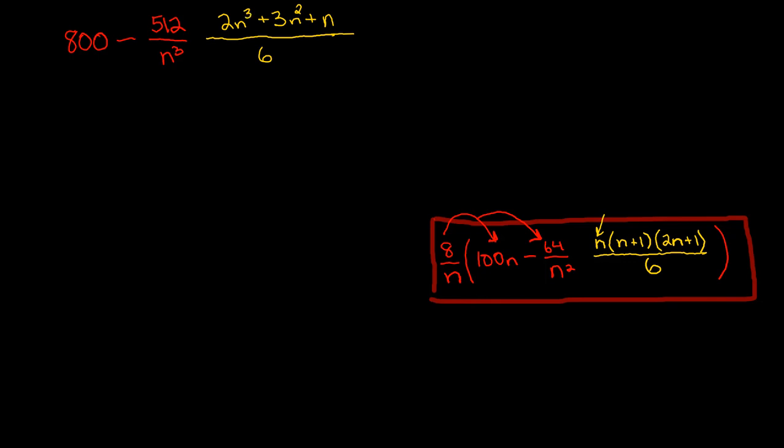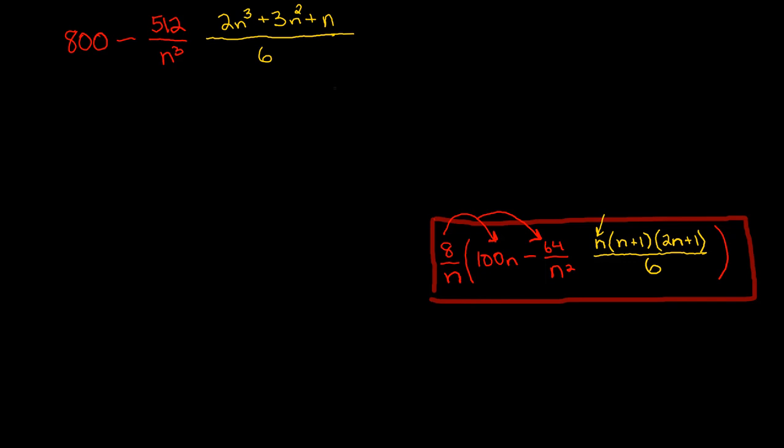That'll be an n cubed. And so if you do FOIL, you should pause the video and go through that yourself to verify that that's correct. But when you do FOIL to that numerator, when you multiply out all that numerator stuff, that's what you get. And okay, so let's keep going.